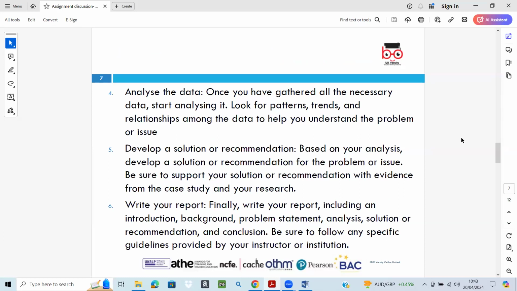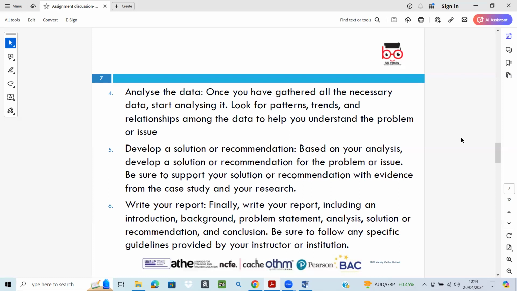Okay. Then, how would you start analyzing the data you have gathered for your case study? Okay. So, for example, we would organize the data based on themes or categories related to the problem.